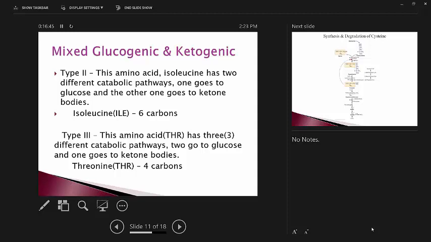2 go to glucose and 1 goes to ketone bodies, and it's 4 carbons, okay? Is that clear? I think it should help you know. For the most part now, we've covered catabolism of amino acids. You know what you start with, and you know what it goes to, and whether it's ketogenic or glucogenic, okay? So the intermediate, it's good to know that it goes to, in this case you don't need to see it.